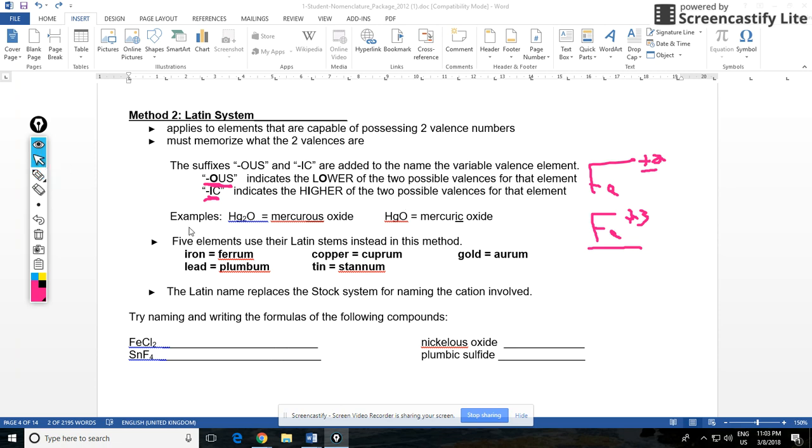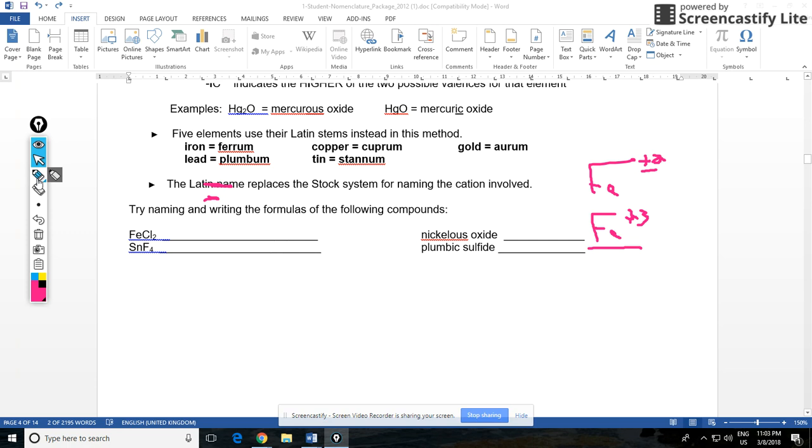So we'll do a practice problem together. Hg2O. Hg is a multivalent metal. If I gave you the formula, you'd have to figure out which Hg you have. So you can do the reverse crisscross.